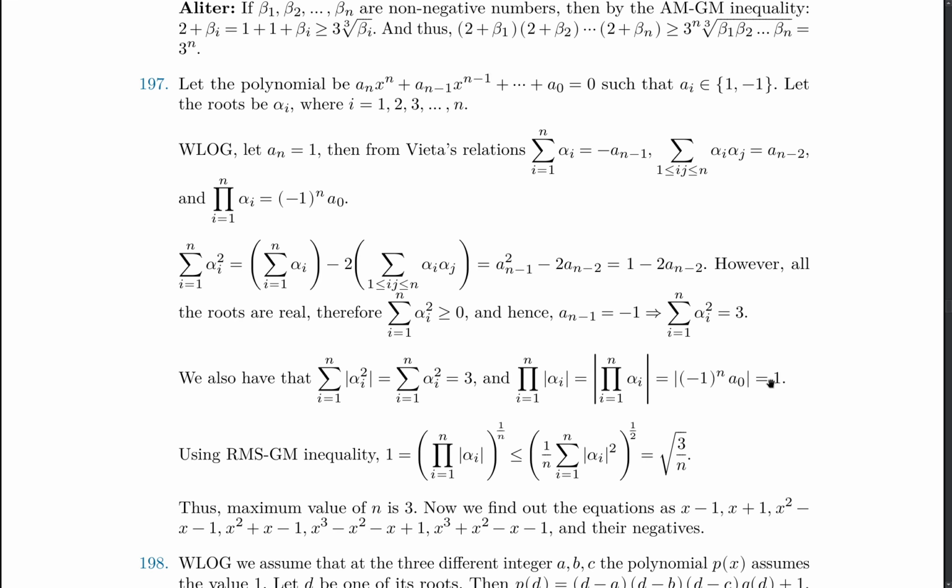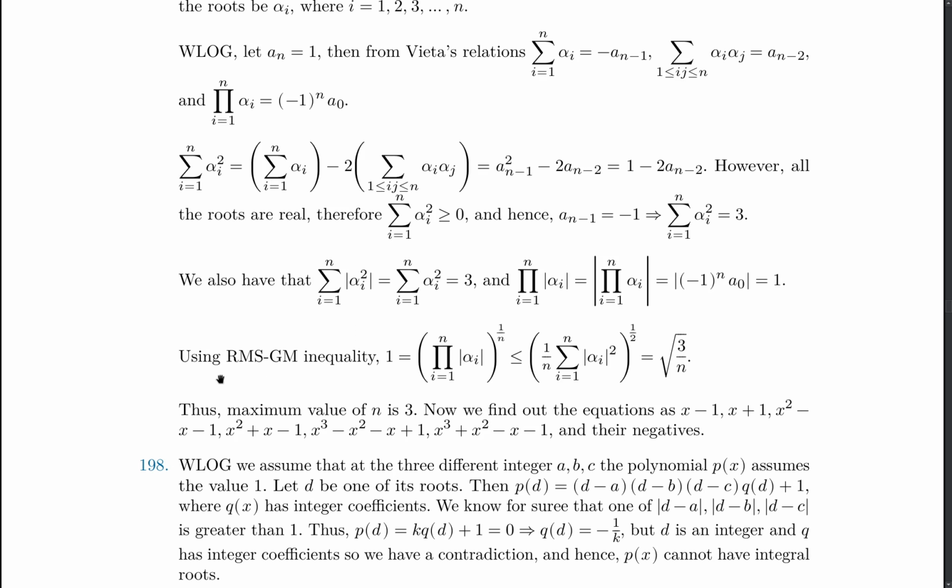We take mod of that, which would be equal to 1. Now once we have that, we use the root mean square and geometric mean inequality, and we arrive at this value, square root of 3 by n, for the product of mod of all alpha i raised to the power 1 by n. So once we have that, we can see that the maximum value of n is 3.